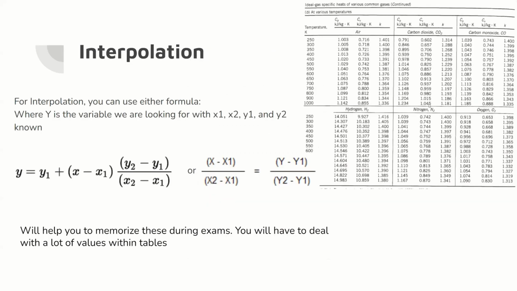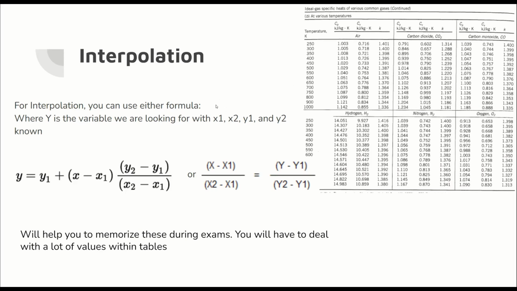Okay, so first part that's important, and I hope that you all know because it was covered in the quizzes and assignments, is interpolation. This is very important, especially when we're given a quality of a fluid or a property that's in between two properties within the tables.